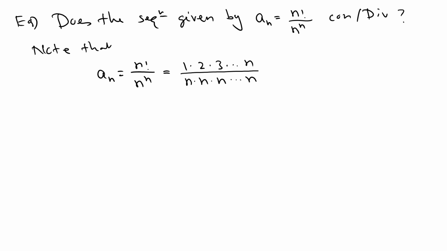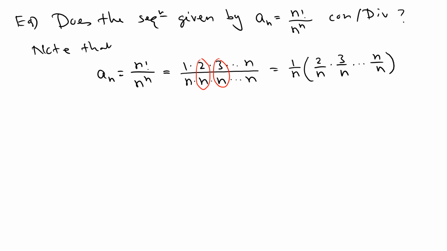So for each one on the top, there's an n in the bottom. So you can factor this nicely. I'm going to write the first terms from the numerator and the denominator, and write the rest exactly like before. So you write this pair, that pair like that: 2 over n, 3 over n, and n over n.